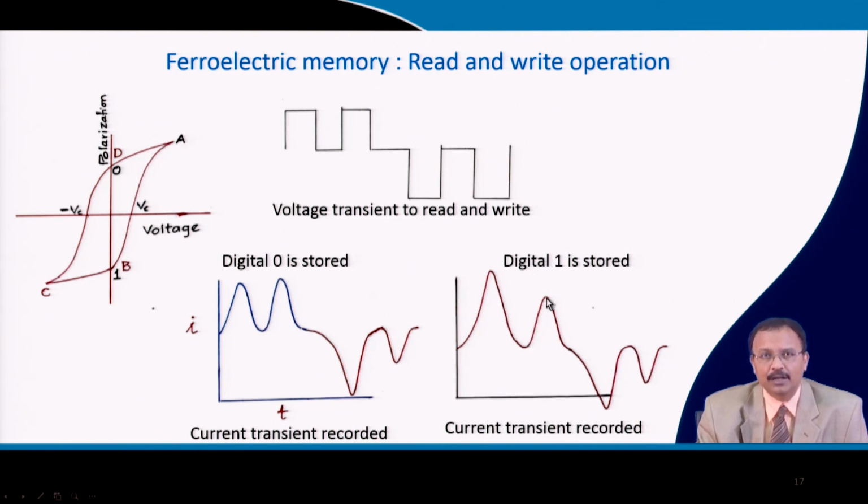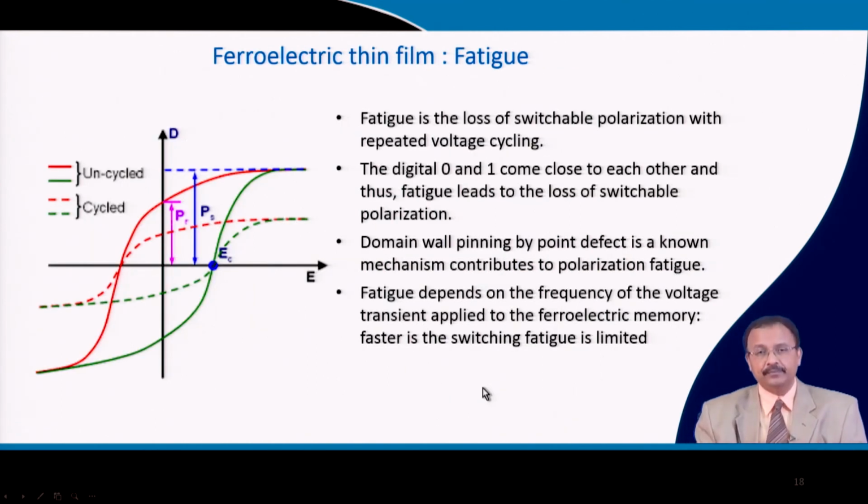Then the third pulse again switches it, so again a large pulse followed by a small pulse. So, large, small, large, relatively small, and again large, relatively small, that will tell you that a digital 1 is stored.